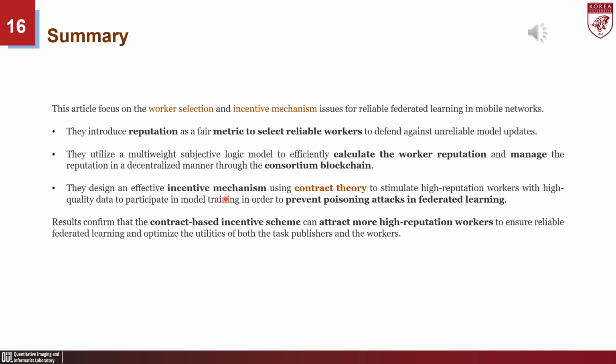Third, they design an effective incentive mechanism using contract theory to stimulate high reputation workers with high quality data to participate in model training in order to prevent poisoning attacks in federated learning. The results confirm that the contract-based incentive scheme can attract more high reputation workers to ensure reliable federated learning and optimize the utilities of the task publishers and the workers.